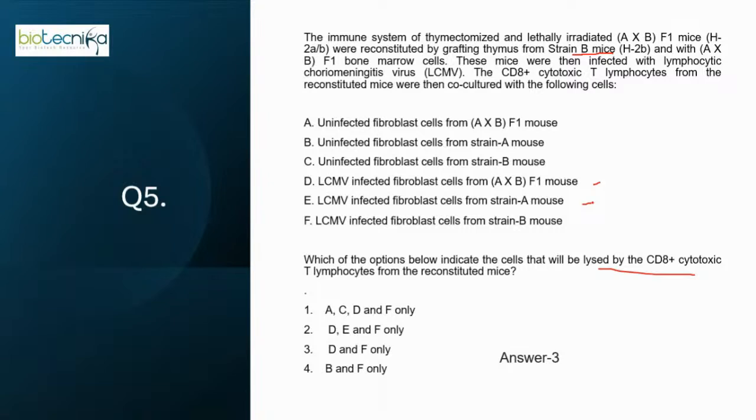All right. In the next case, you see strain B infected fibroblast. This one. In this case, you have H2B only. So it only contains H2B, so it will be lysed. All right. So in this case, D and F will be lysed.